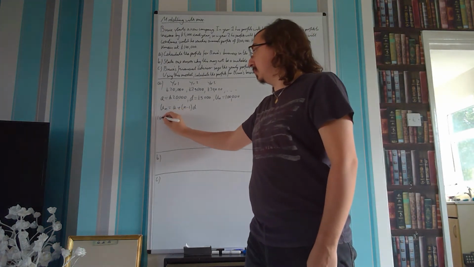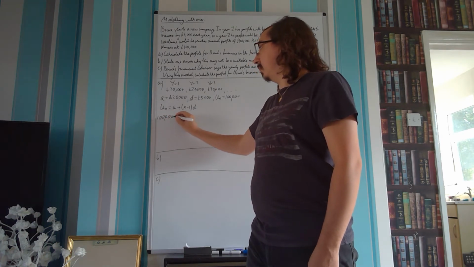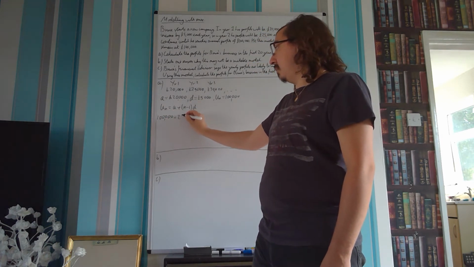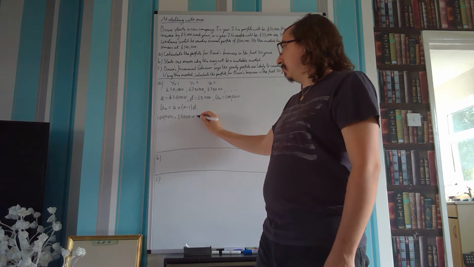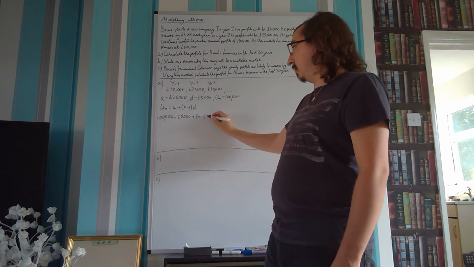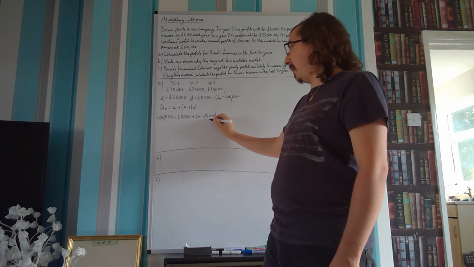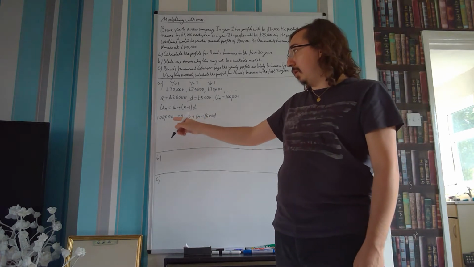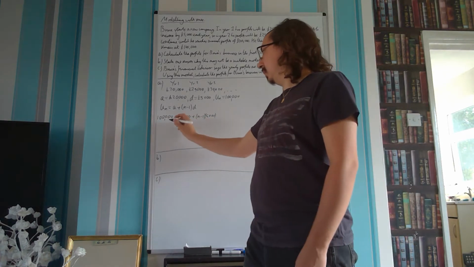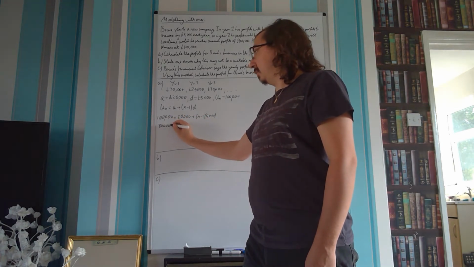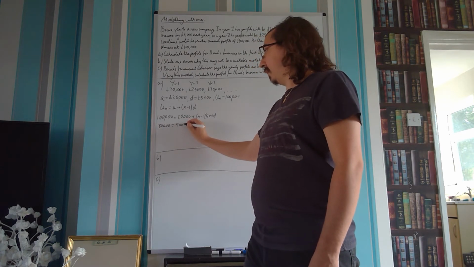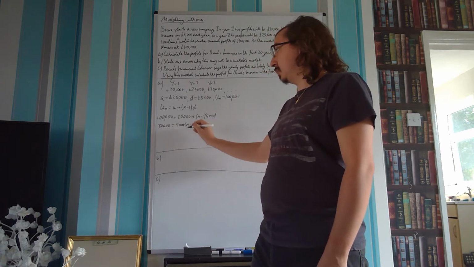So if we substitute in, we have 100,000 is equal to a, which is 20,000, plus n minus 1 times d, which is 5,000. A little bit of rearrangement: subtract the 20,000, so you have 80,000 is equal to 5,000 times n minus 1.